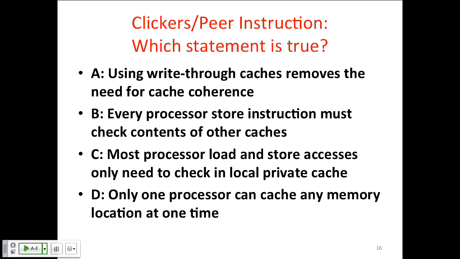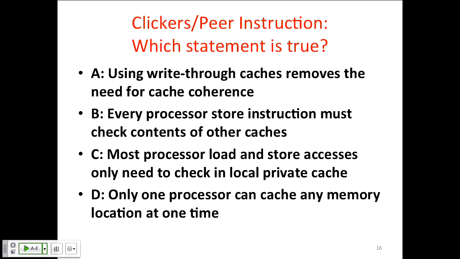If you're going to write a line, only one processor at a time can write the line, because when you go to write it, you send it on the bus, you invalidate all the other copies. So only one processor at a time has a writable copy. If you find it in your cache and it's dirty, you must be the only one with that line. And so you can just go ahead and store without even telling anybody on the bus. So not every processor store instruction has to go out and check all the caches.